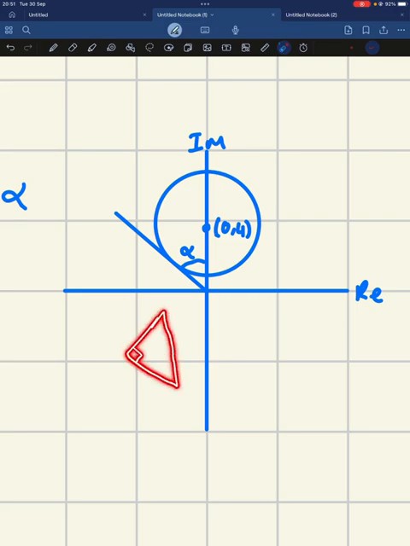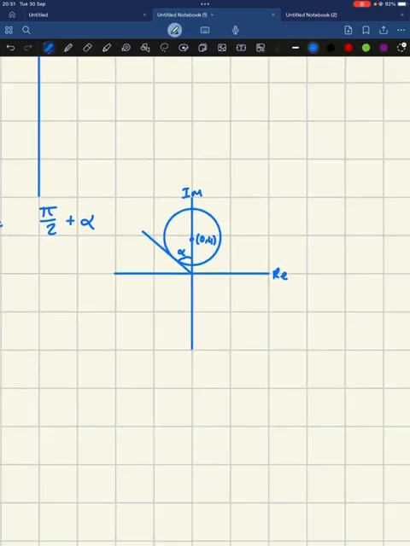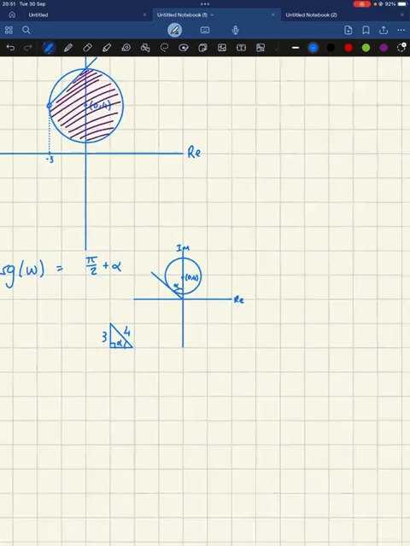So we get a right angle triangle like this. We've got this angle alpha. So if we draw this triangle out, we've got a right angle here, this angle alpha over here, and we've got 3 and we've got 4.